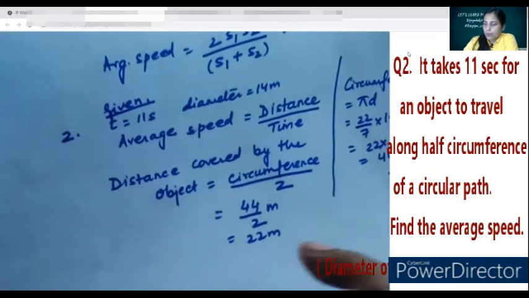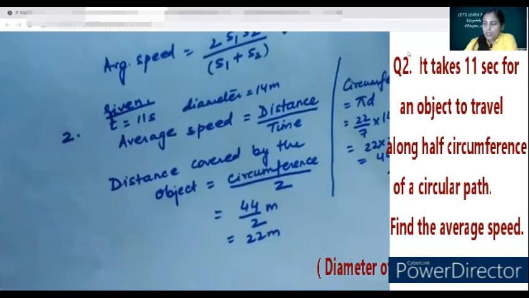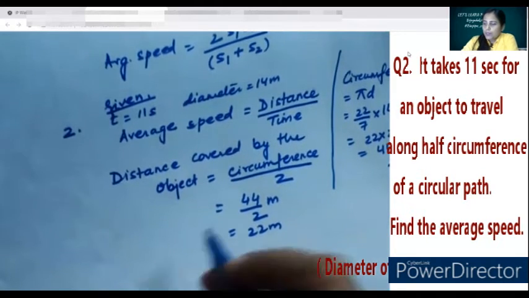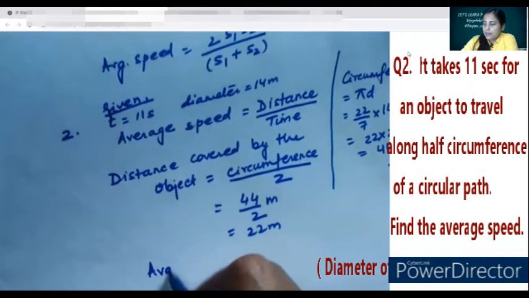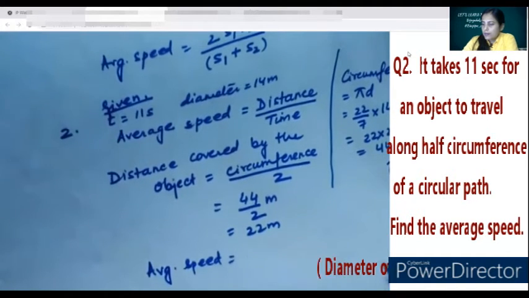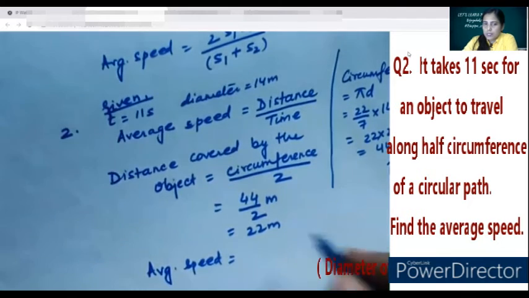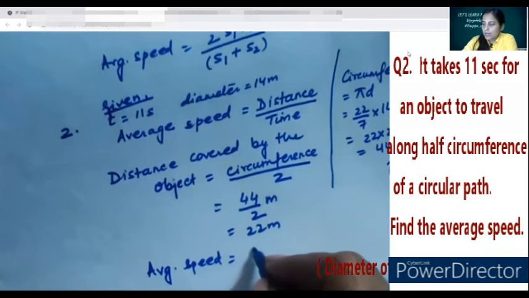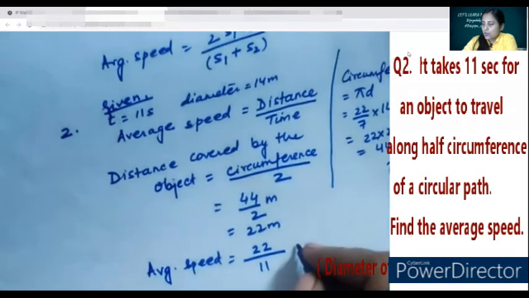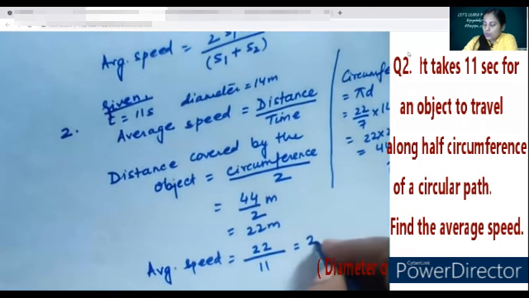Now we have the distance and the time. Can't we find the speed? So average speed is the distance by total time taken. Distance is 22 and total time taken is 11 seconds. So our answer will be 2 meter per second.